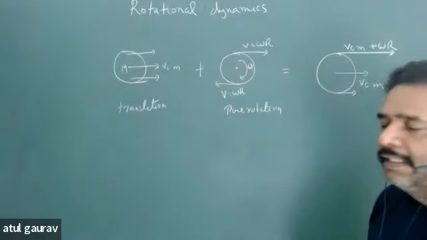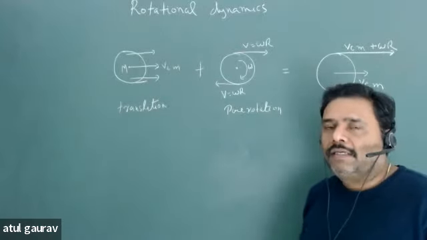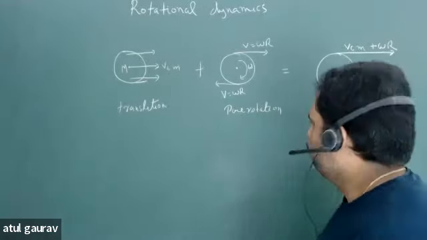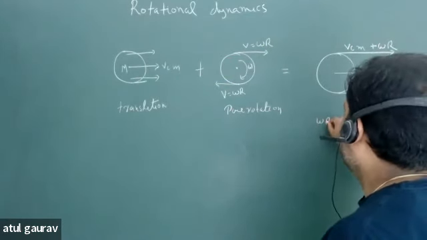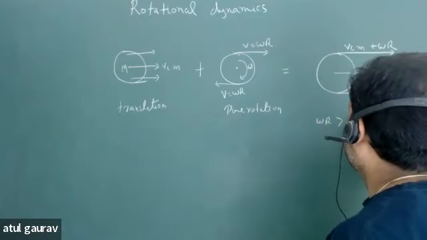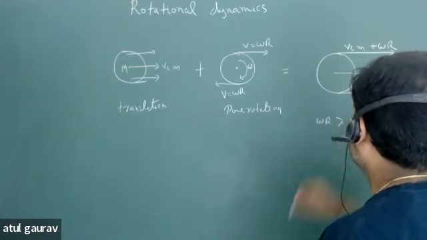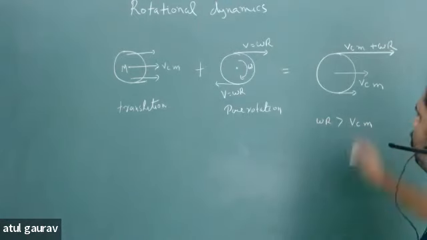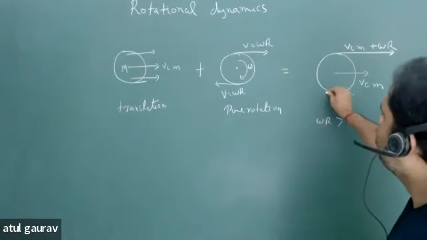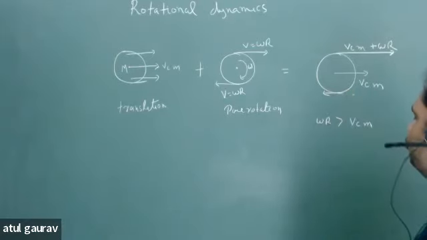So there are three basic conditions. First condition: when omega r is greater than VCM, then what will happen? That means this velocity will be in this direction, isn't it? Yes sir.